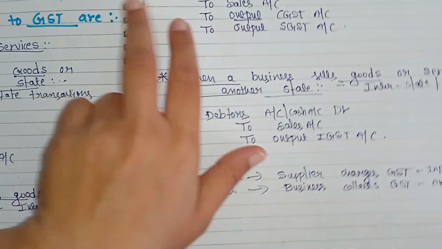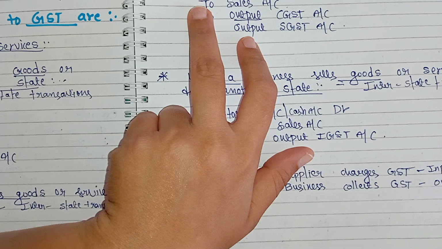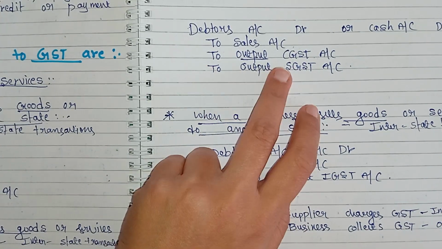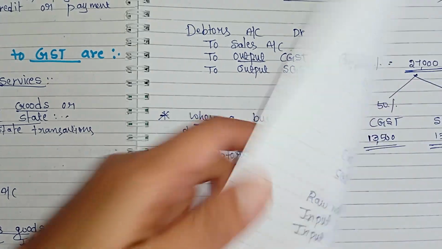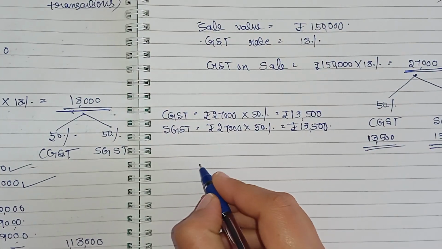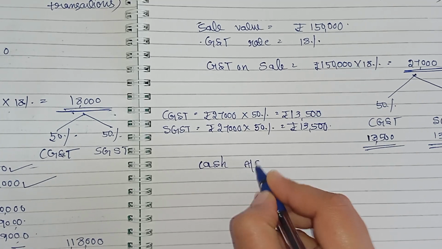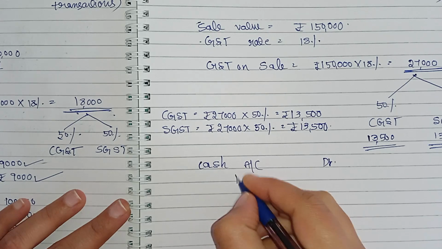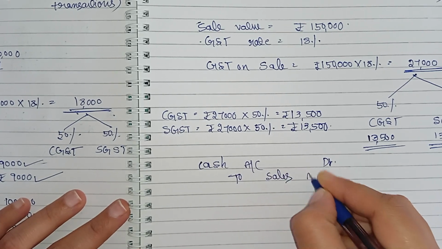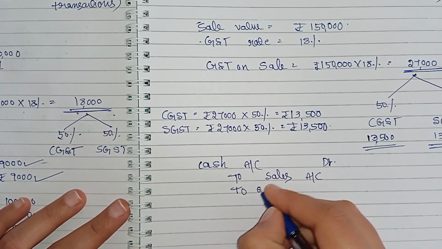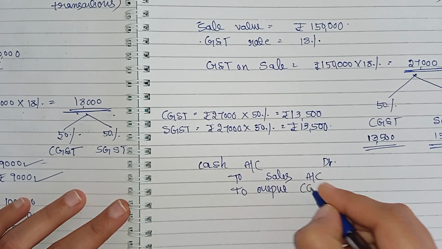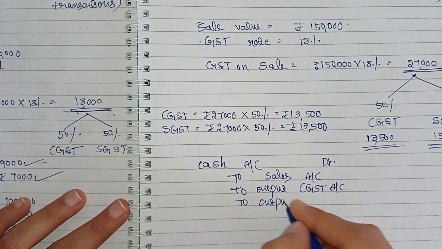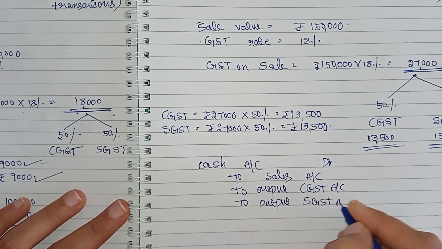Journal entry. Here we will take the cash account only. Cash account debit, to sales account, to output CGST account, to output SGST account.